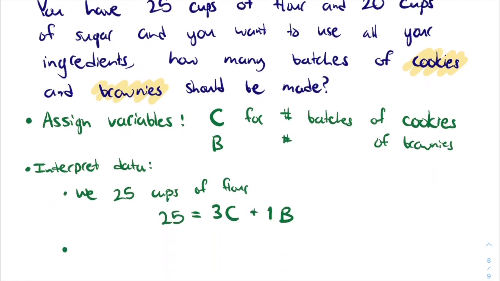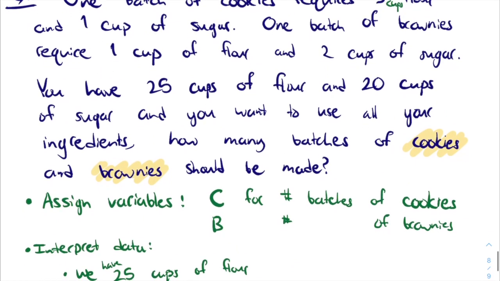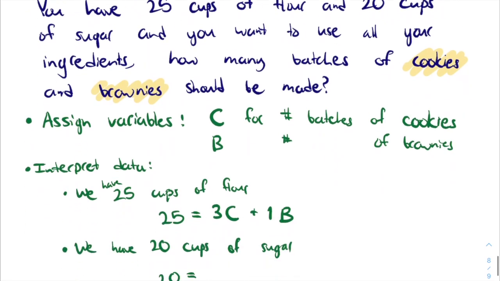In a similar fashion, we have 20 cups of sugar. So let's look at how we use up our sugar. Well, for every batch of cookies, we'll use 1 cup of sugar, and for every batch of brownies, we'll be using 2 cups of sugar.